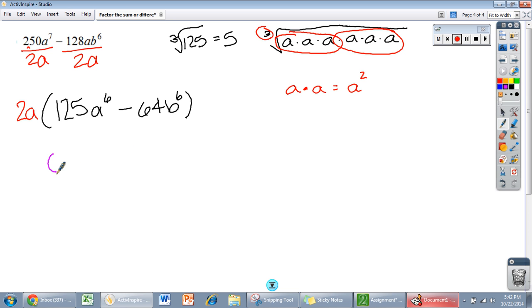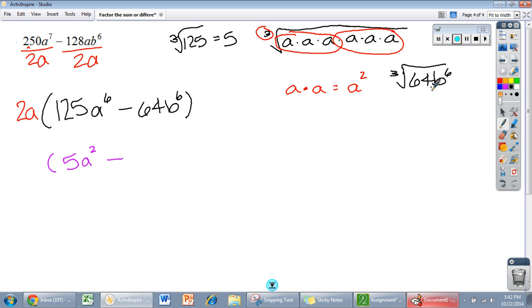So we have 5a squared, which is now my a term, minus, and now we're going to take the cube root of 64b to the 6th.